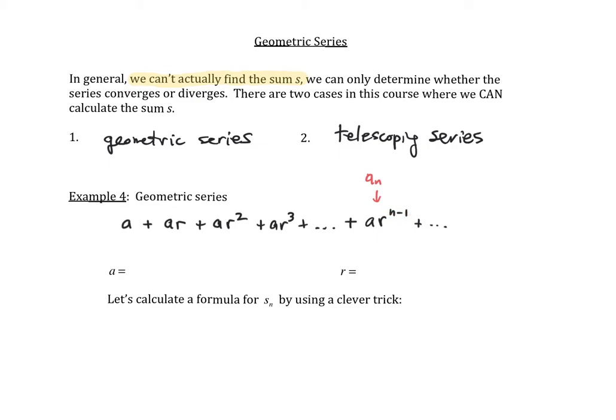And that's because the very first term doesn't get multiplied by R. But the way you get from one term to the next is you multiply by R. And when we add all these guys up, that makes this a geometric series. So A is going to be our first term. And R is what we call the common ratio. So that's how you get from one term to the next, by multiplying by the common ratio.